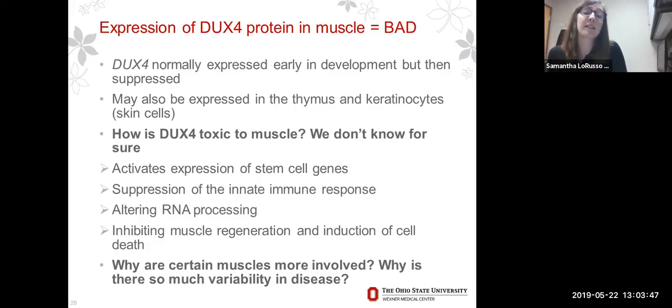We send our test to Iowa, which I think most people do. There, if the FSH1 testing is negative, they automatically reflex to the FSH2, and then it ends up costing at most about $1,500. Honestly, we have not found a good way around this for our patients.